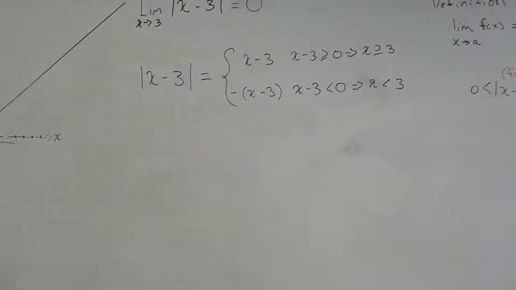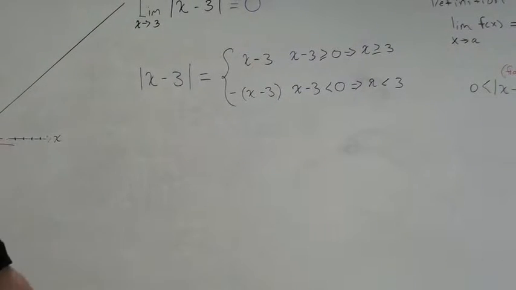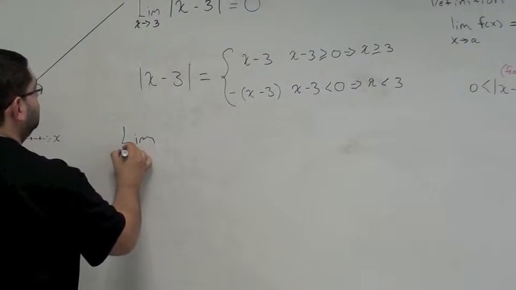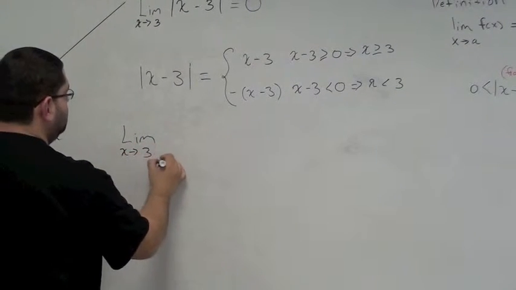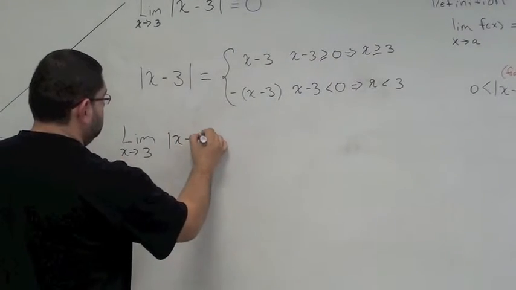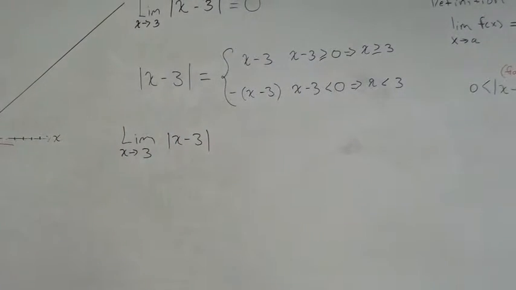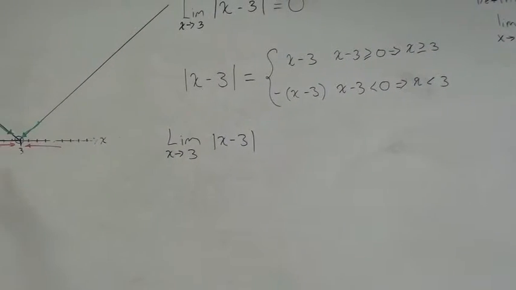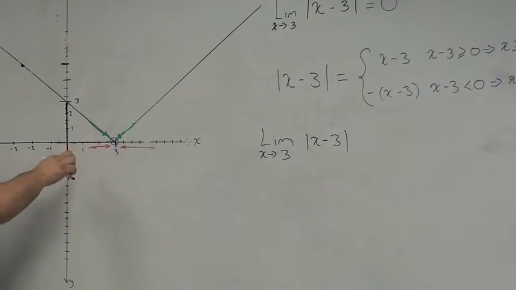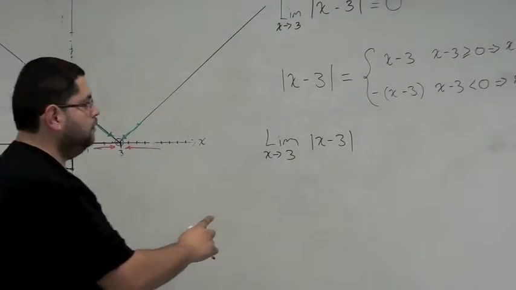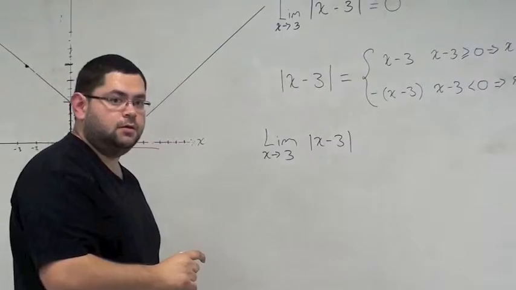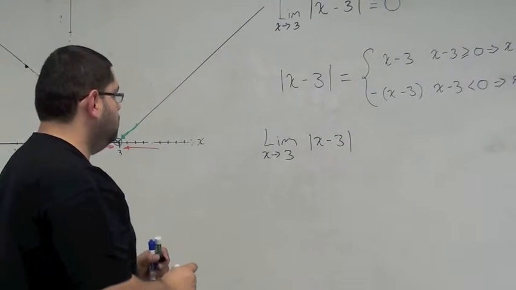Okay, so now by looking at that, if I look at this problem, the limit when x approaches 3 of my absolute value, I see from the graph that I approach both ways. But now I approach in two different graphs, two different functions given from my piecewise function.